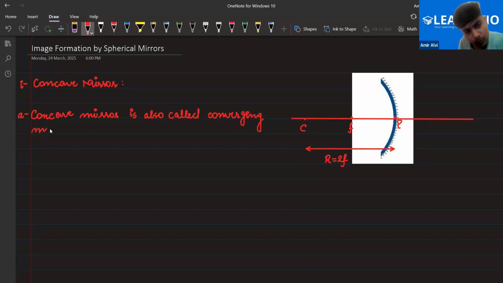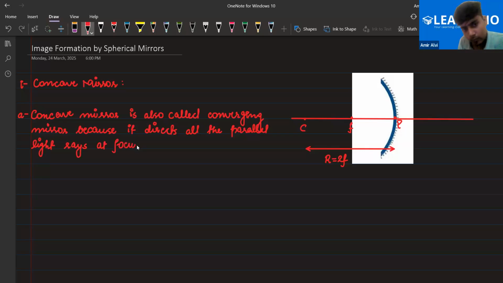Converging, because parallel light rays meet at the focus.